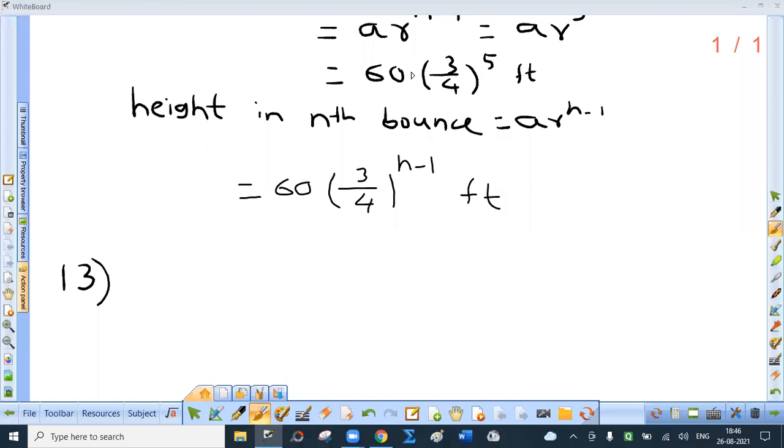The numbers 3, x and x plus 6 form a GP. Find x, 20th term and nth term. Okay. Write down. 3, x, x plus 6 are in GP.